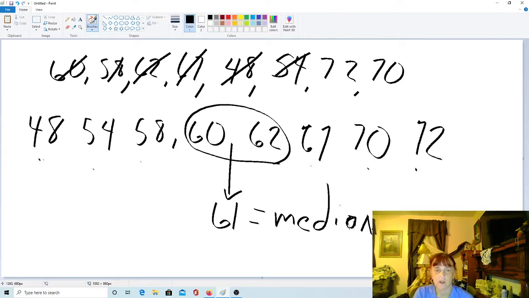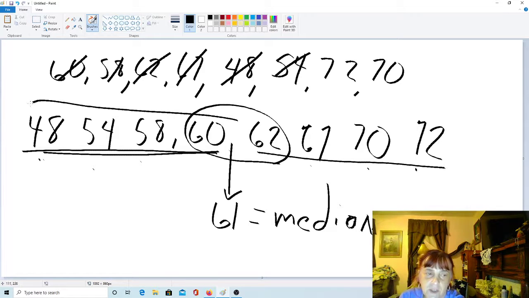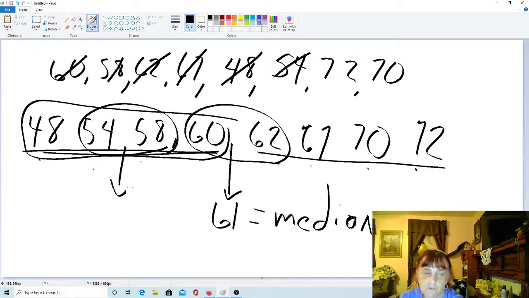And that will divide the data into two equal parts, this half and this half. Now what is the median of this set of data? It'll be these two added together divided by 2: 54 plus 58 divided by 2 is 56. So Q1 is 56.